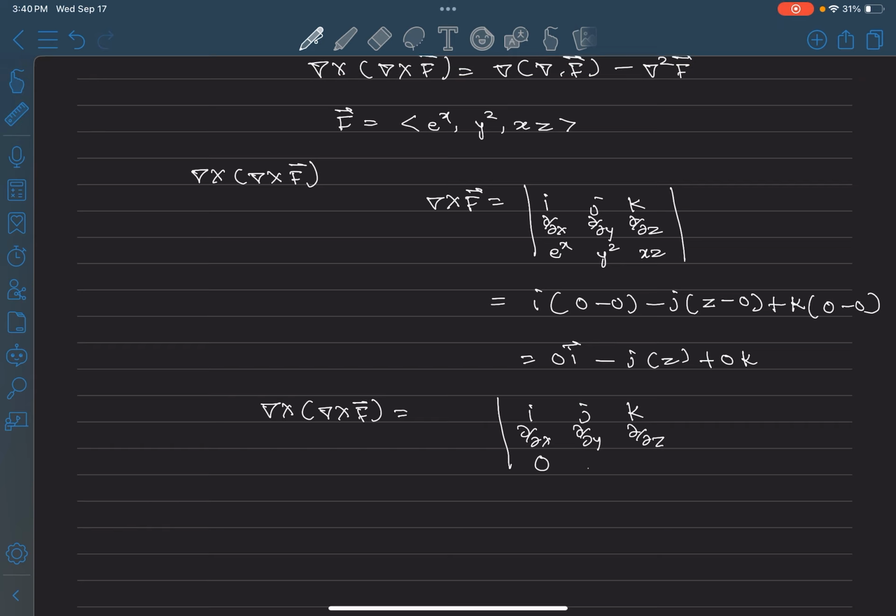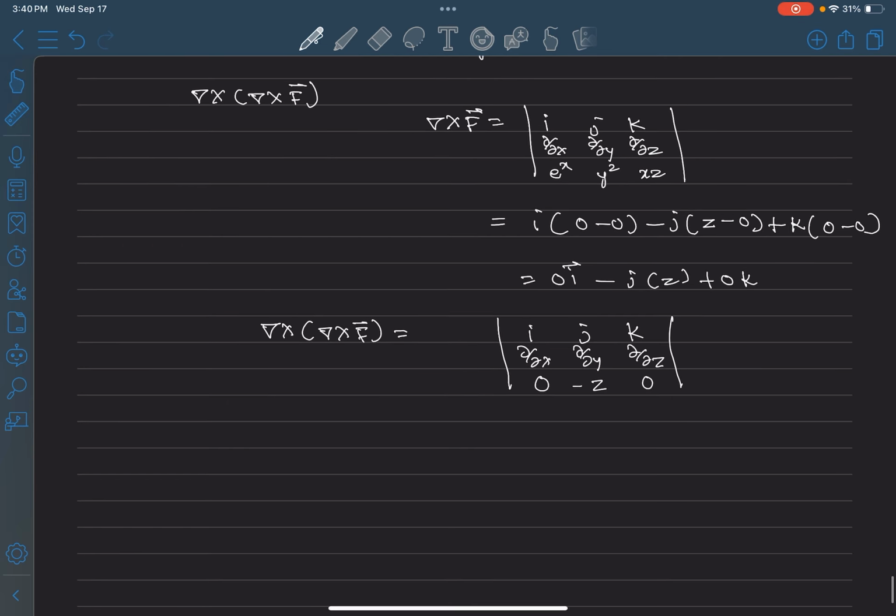If you use that, so this turns out to be i times 0 minus minus 1, plus j times 0 minus 0. Okay, there should be a negative sign over here, I'm sorry. So minus j times 0 minus 0, plus k times 0 minus 0. So that's essentially just 1, 0, 0, right? So that is our left hand side.